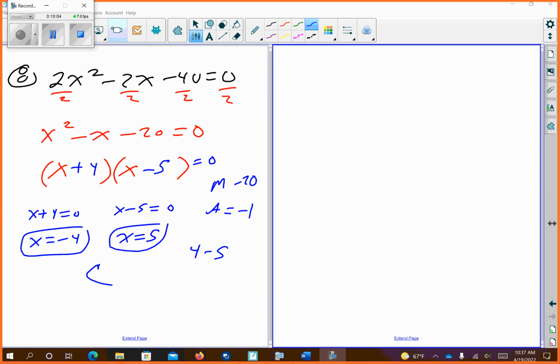Okay, so problem number 9. Talk to me. How should we start problem number 9? Make it equal to 0. Good. So subtract 30 from both sides.